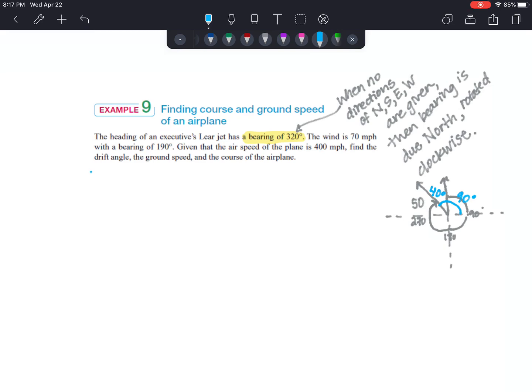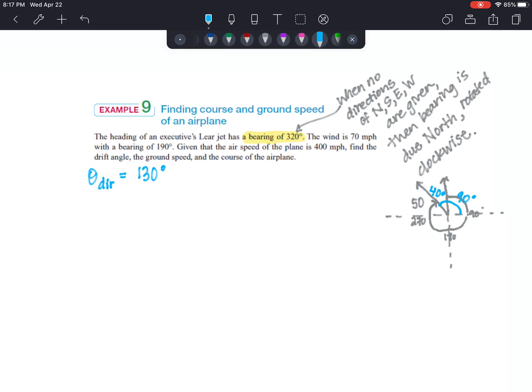So our directional angle for our calculator is 130 degrees. So that's the first concept. This Learjet has a bearing of 320 degrees, which is the same thing as the calculator's direction of 130 degrees.